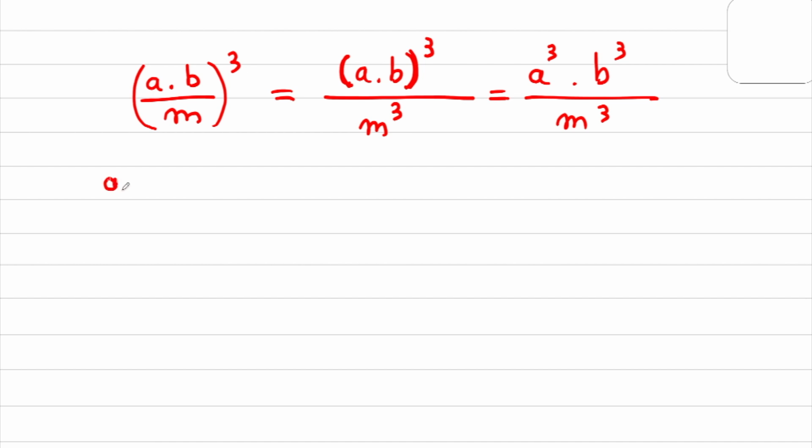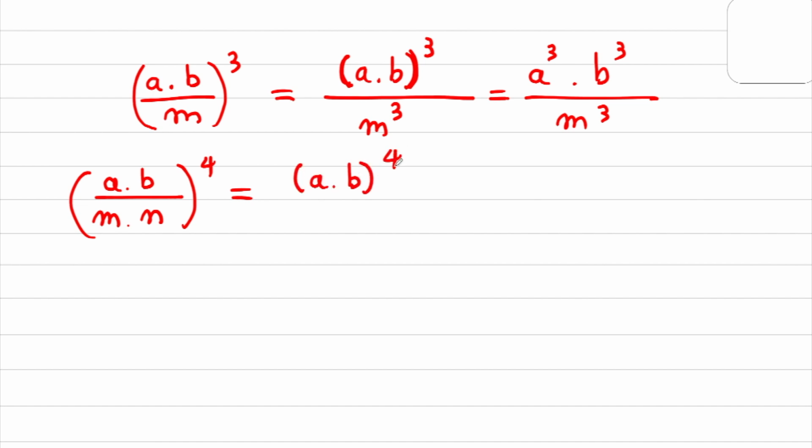And the next one, I got a times b, and then you got m times n like this one, and 4 outside. How can you solve your working out step by step? The first step, the power number 4 will apply for numerator first. This is numerator. And about the denominator, this one is denominator.